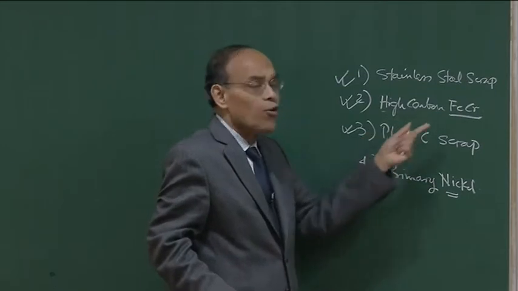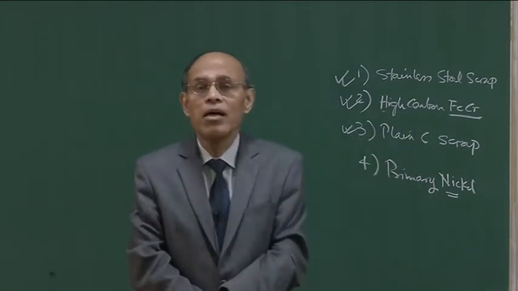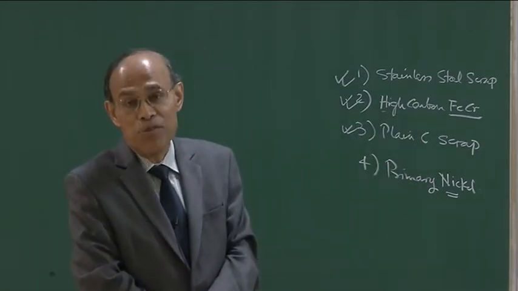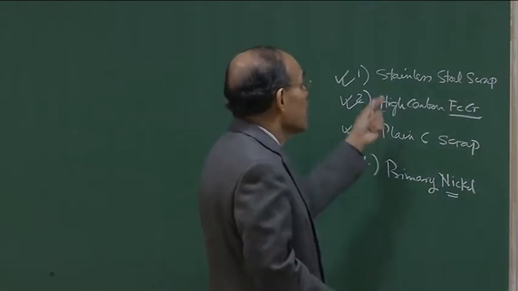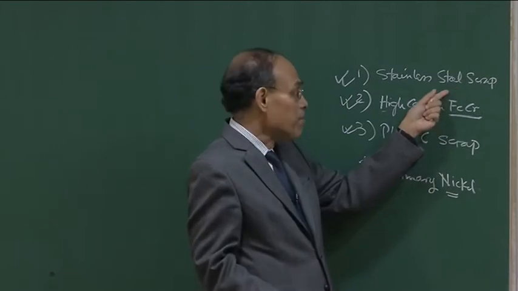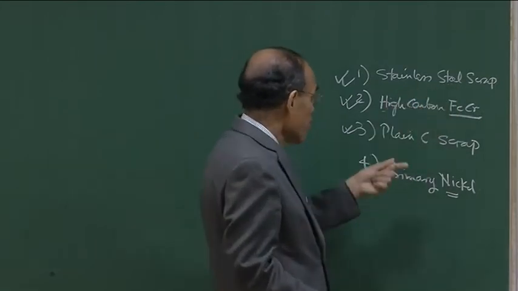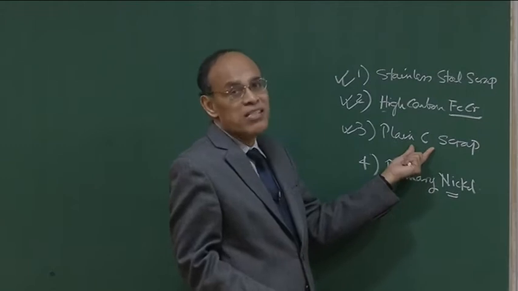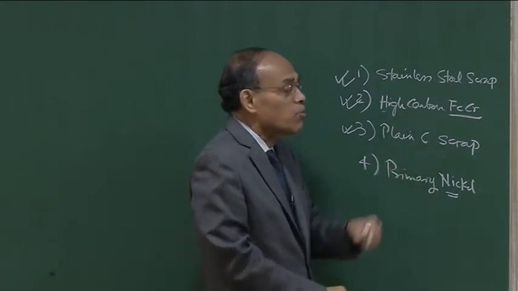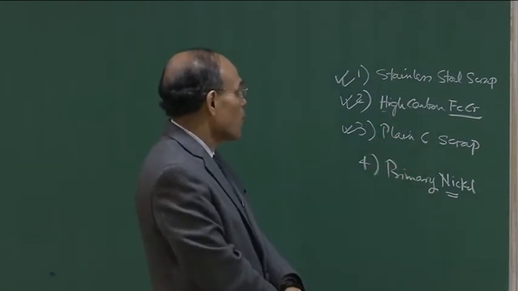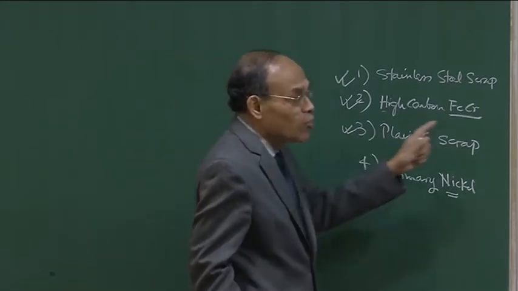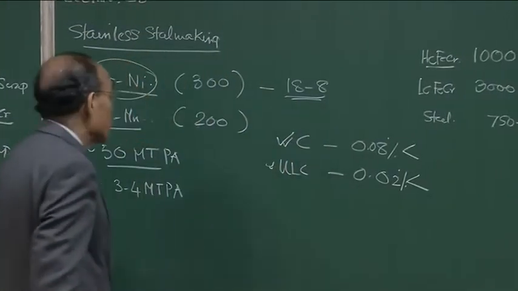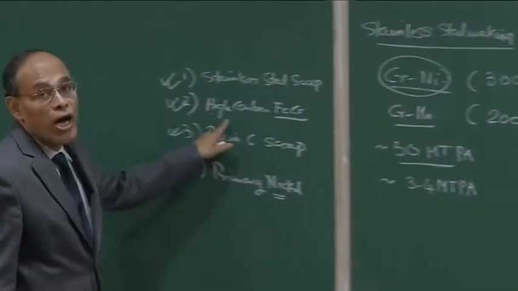And this high carbon ferrochrome, for example, can contain carbon to the extent of 6 to 7%. So, there is going to be a lot of carbon in the melt. Stainless steel scrap of course will not contain much carbon, it will contain chromium and nickel. A plain carbon scrap may contain some amount of carbon, but this high carbon ferrochrome is going to contain an enormous amount of carbon. So, in order to achieve the target carbon chemistry, what we require now is to remove carbon.